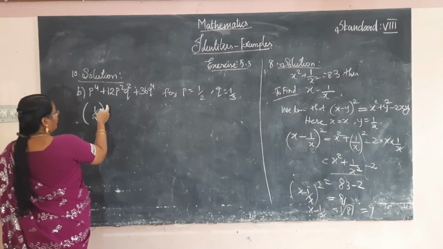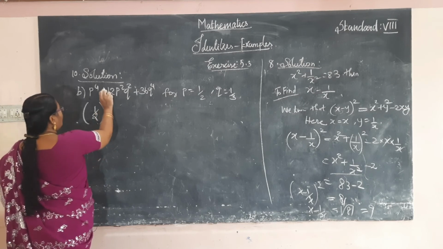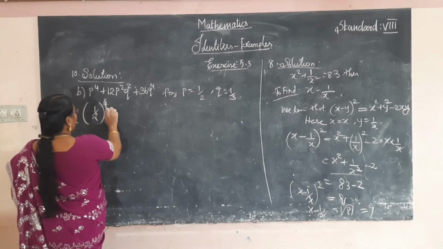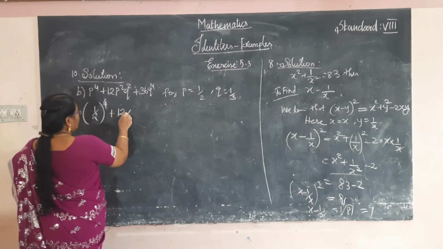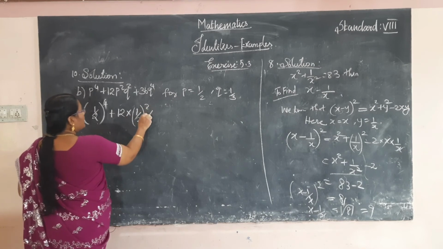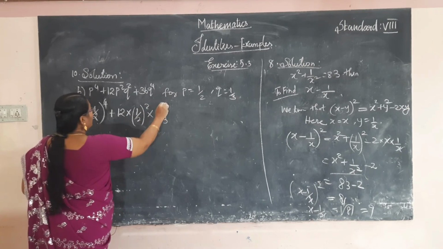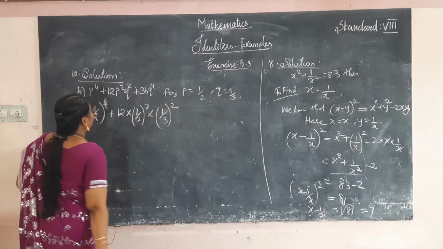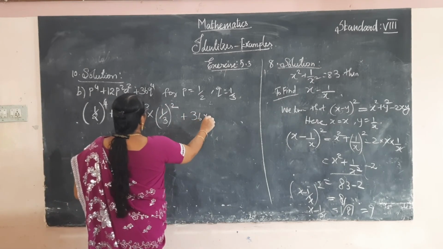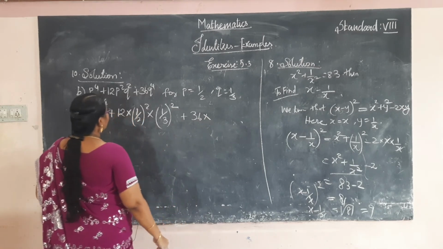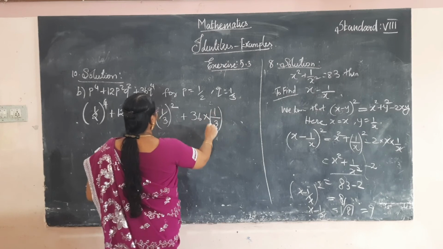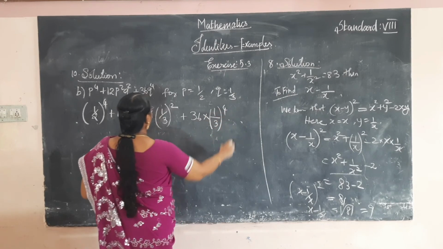Okay, 1 by 2 the whole power 4 plus 12 into p's value was 1 by 2 the whole square into q value was 1 by 3 the whole square plus 36 into q value was 1 by 3 the whole power 4.